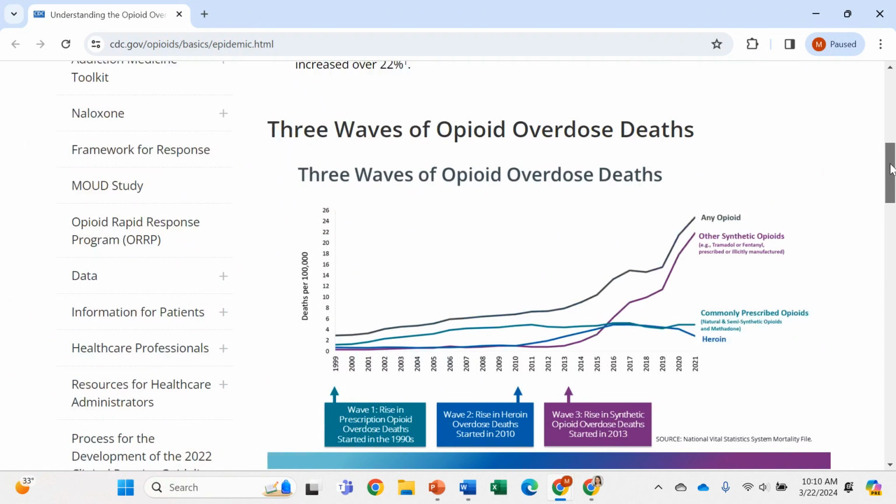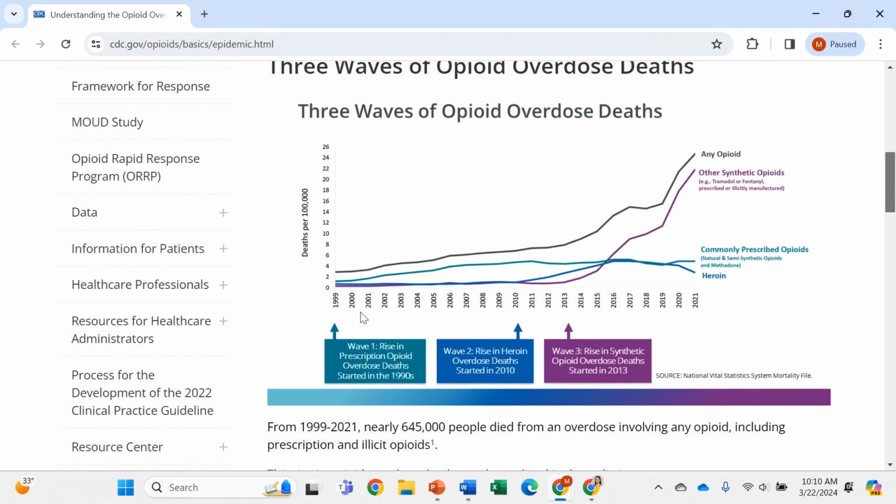On this graph, it starts in 1999 and goes through 2021. We're going to look at the top line here, which is in black because that is the total. When I look at this from 1999 up to about 2013, the black line appears to be linear.